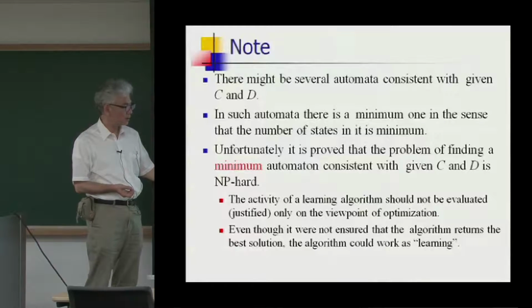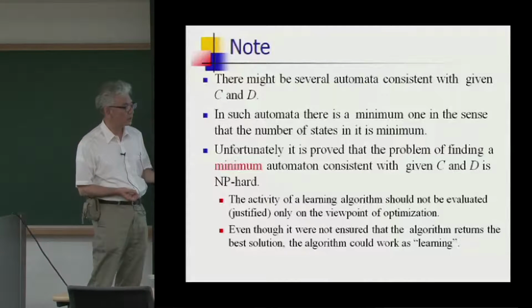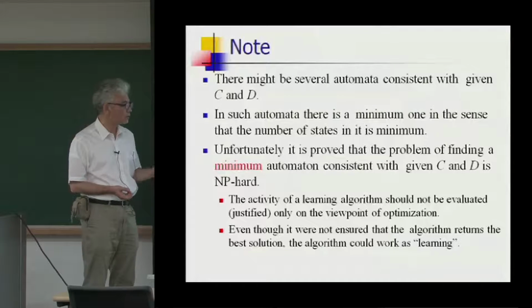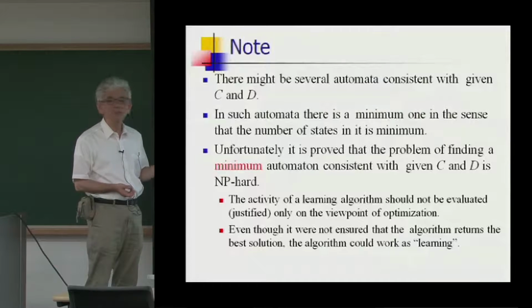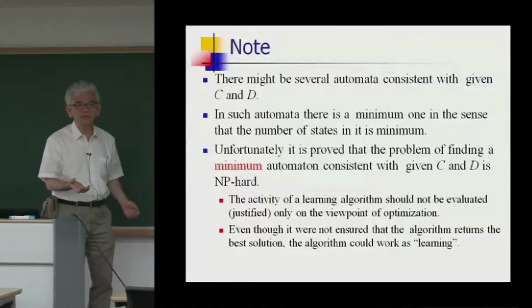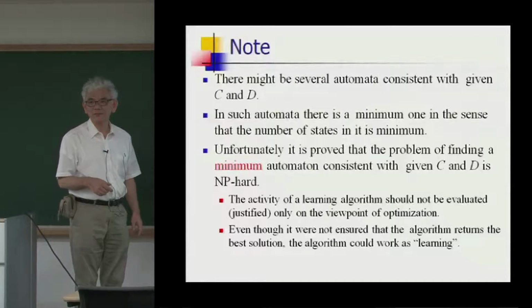So, I have to stress that the activity of a learning algorithm should not be evaluated only from the viewpoint of optimization. Because learning is a very wide concept, and another measurement to evaluate the algorithm should be introduced. Okay?